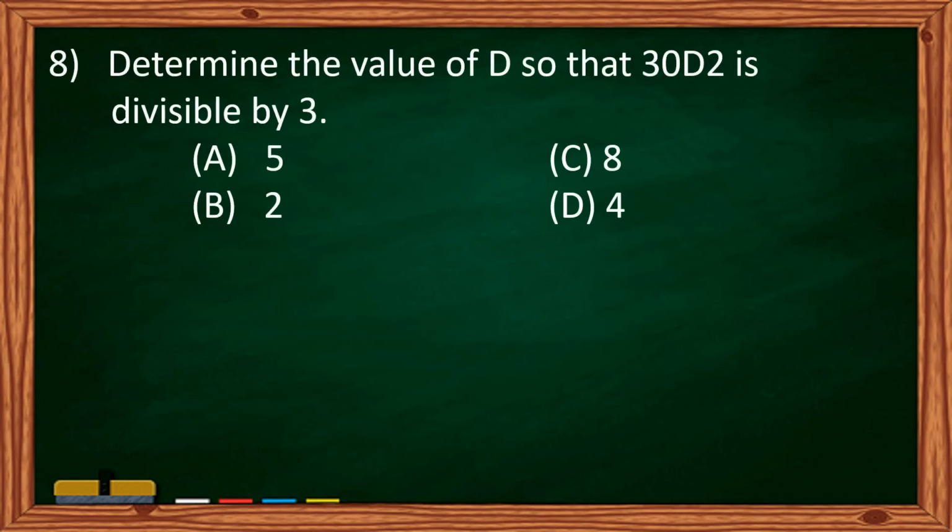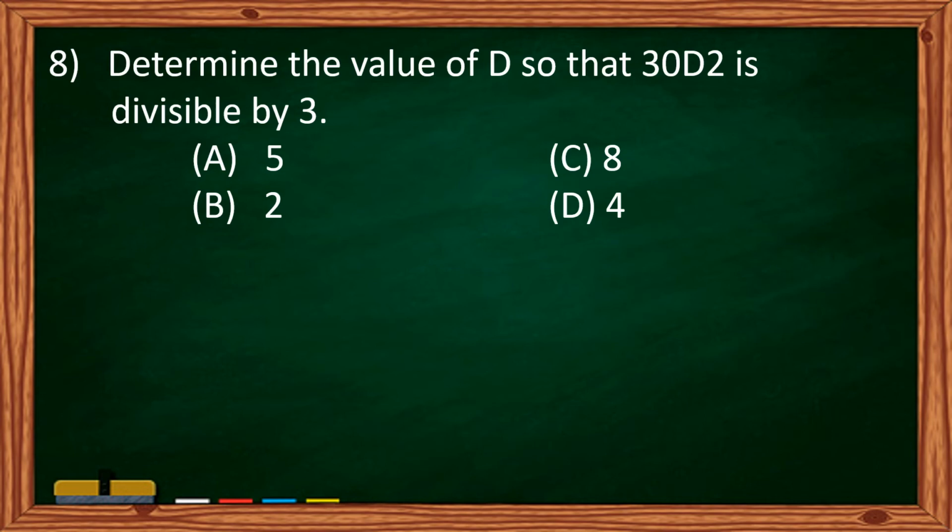Okay, so for number 8, this is another divisibility rule problem. We are asked to find the value of D so that 30D2 is divisible by 3. If you remember, to identify whether the number is divisible by 3, you just add the digits, and then if the sum of the digits is divisible by 3, then the whole number is divisible by 3.